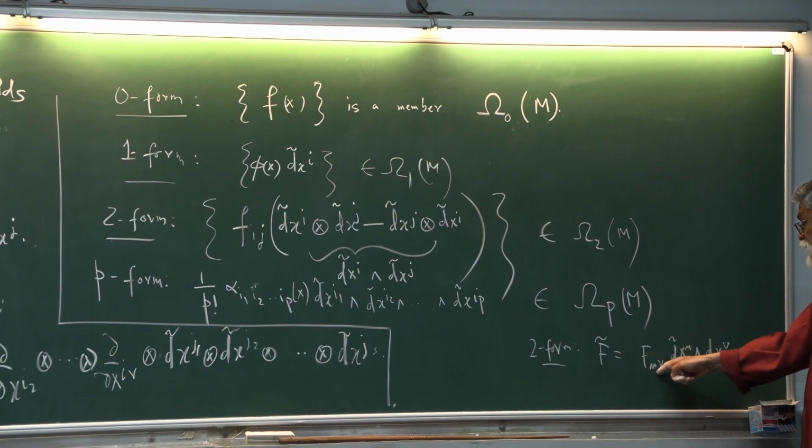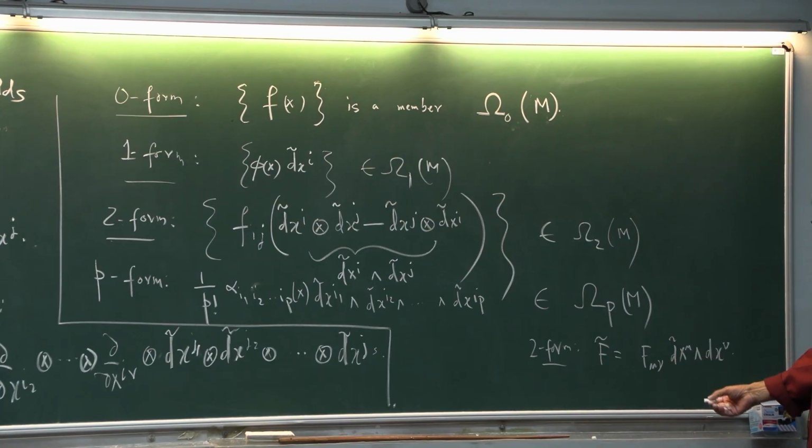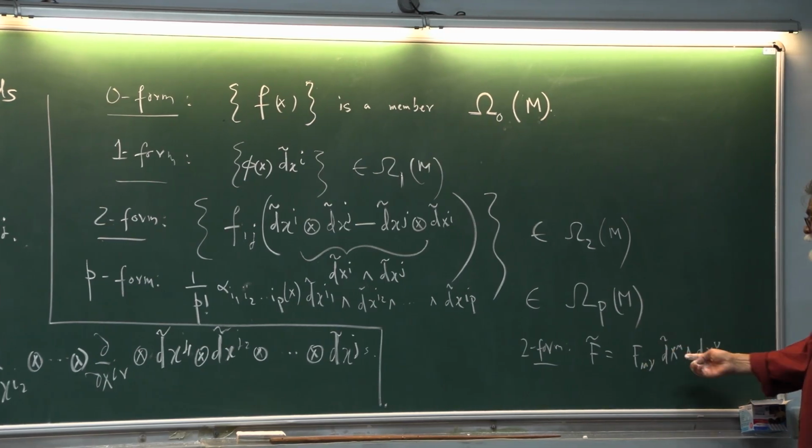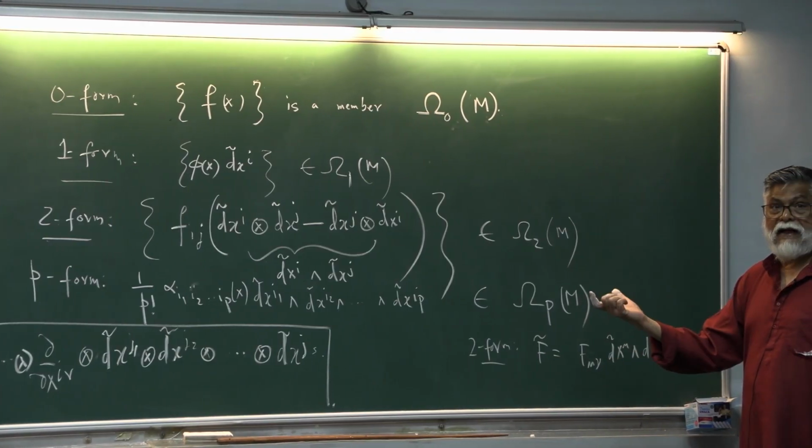remember, mu is being summed over. So if you sum it over, you will be overcounting, because when mu is 1 and nu is 2, you have 1, 2, but then when mu is 2 and nu is 1, you have 2, 1, but this is identical because of the antisymmetric property.